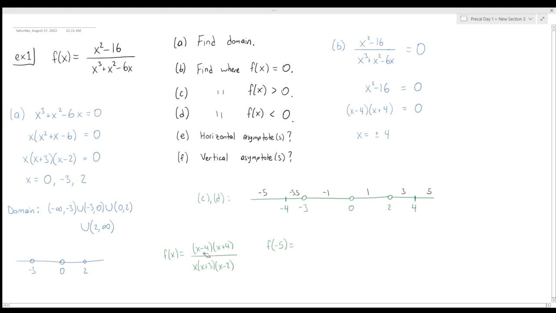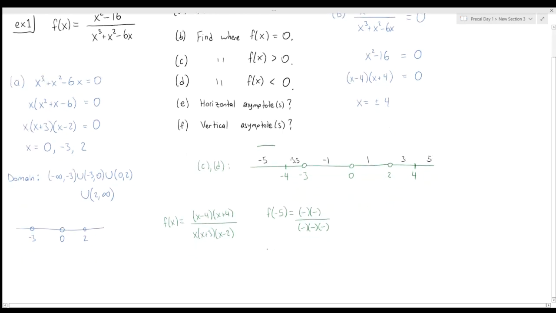So we plug in -5. We have a negative times a negative in the numerator over negative, negative. I think everything is negative. Okay. So then that's like 5 negatives altogether, which means that the result will ultimately be negative. Okay. And then we'll check between -4 and -3.